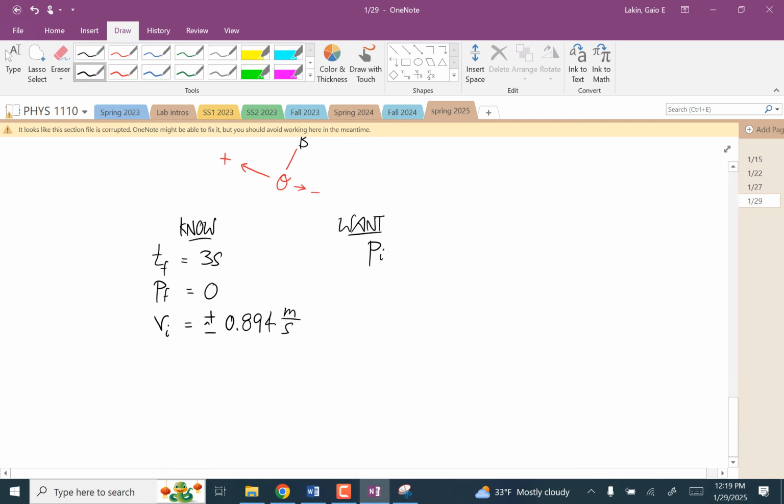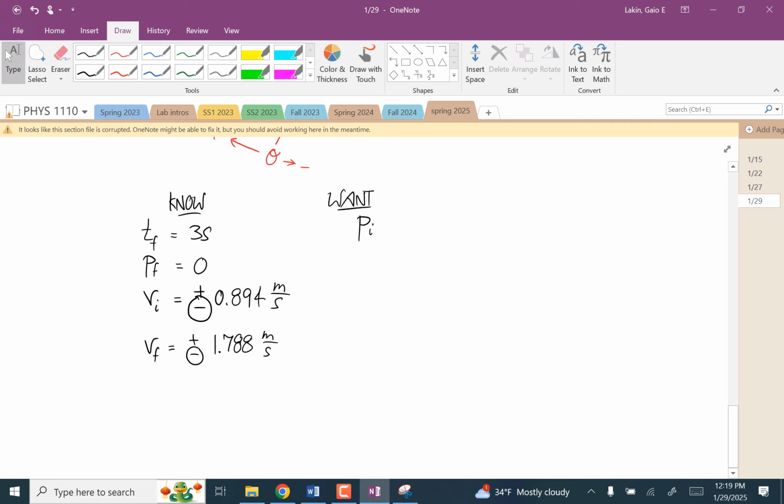So our initial velocity is negative 0.894. And our final, with the same thinking, it's going in the negative direction, and it's 1.788. And now we'll use the same equations to solve this as we did before. So first I have to get the acceleration with this.